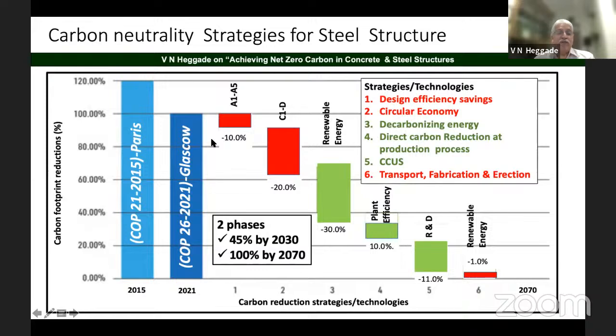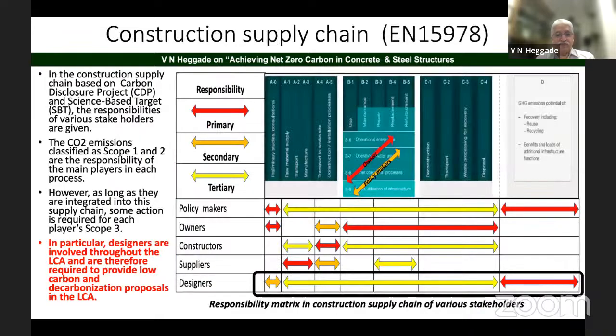By doing that, if it is possible with this proposal for us to achieve carbon neutrality by 2070, I think only by getting this net zero in the steel as well as the concrete construction, we'll be able to completely bring down the carbon dioxide emission to the environment by 2070 in the built environment.